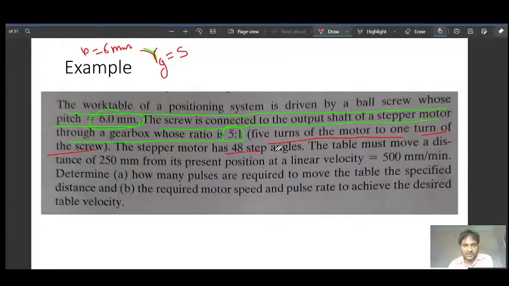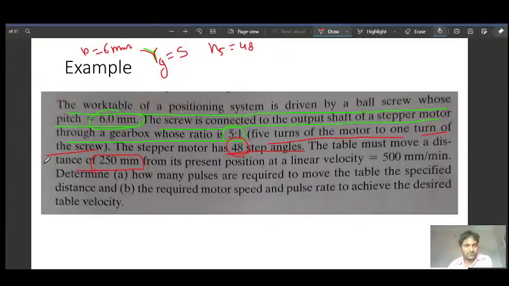The stepper motor has 48 step angle. Now, it is not talking about step angle, it is talking about the number of step angle. So Ns, the number of step angle, is 48. Then the table must move a distance of 250 mm. What does it mean?